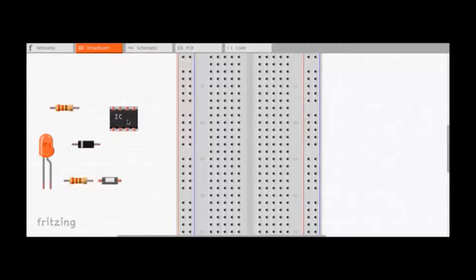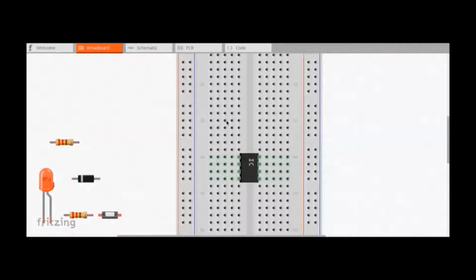If I get this integrated circuit here, I'll be able to connect it across like that without shorting the pins, because if I were to connect it like this, this pin here would be connected to this pin, and that would cause a short circuit in this integrated circuit. So we place it across here. Basically we straddle it across these two rails. This allows us to connect our circuit components.